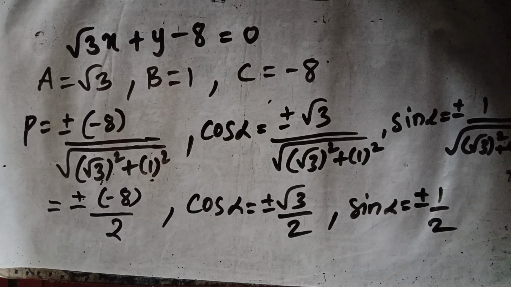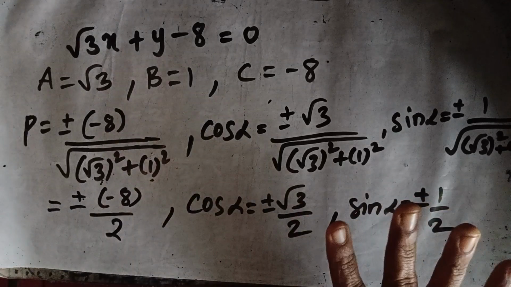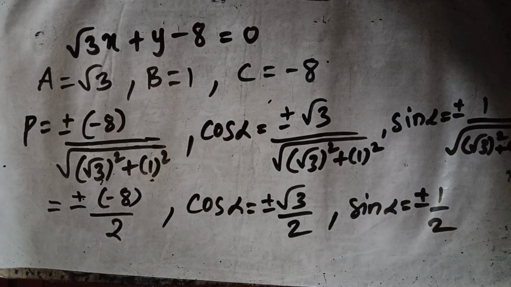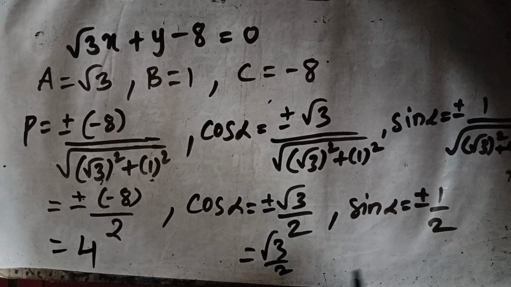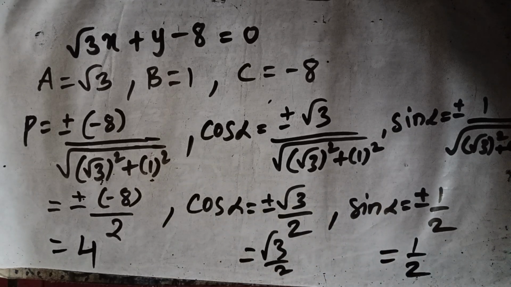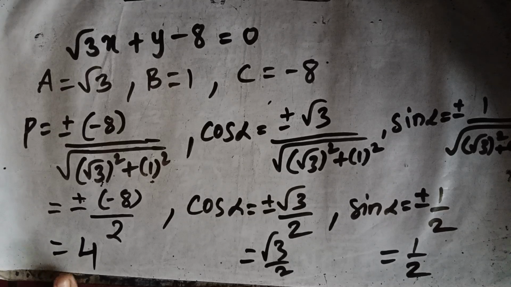Okay, so they have asked the length of the perpendicular and the angle between the normal and the positive x-axis. Now positive x-axis means all the values will be positive, so you have to take positive values. So this P will be 4. Cos alpha is root 3 by 2, and sin alpha is half. So P is the perpendicular distance.